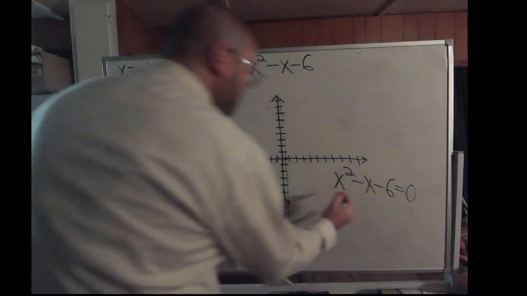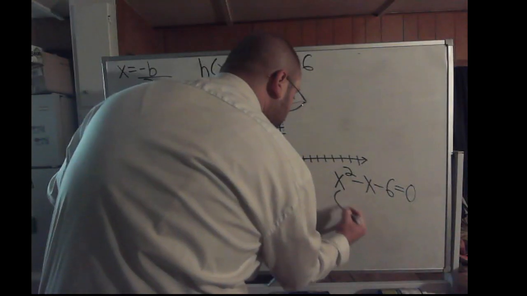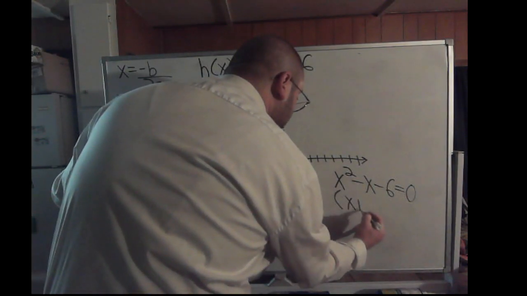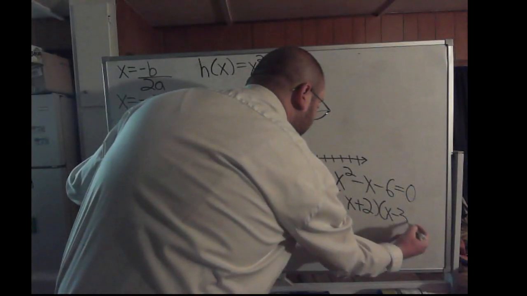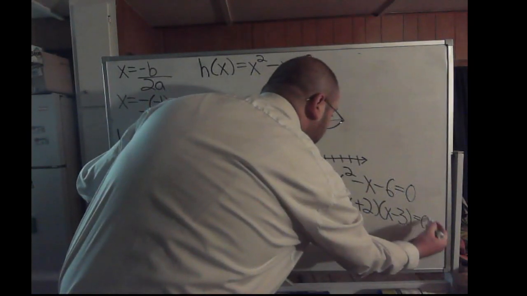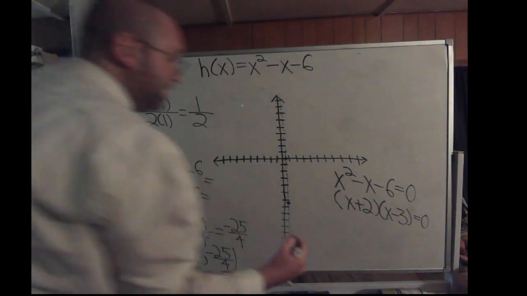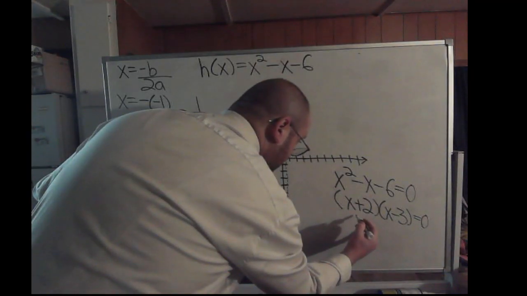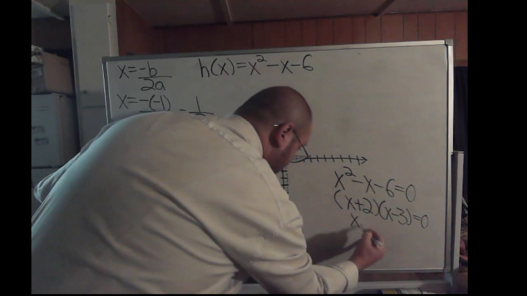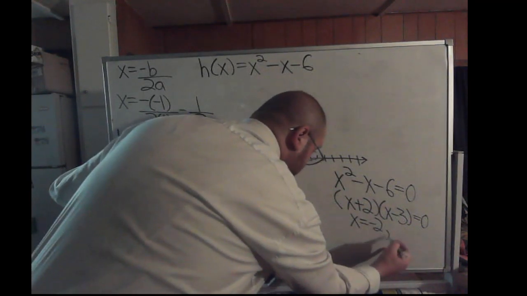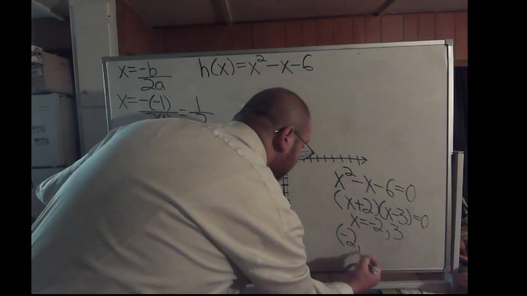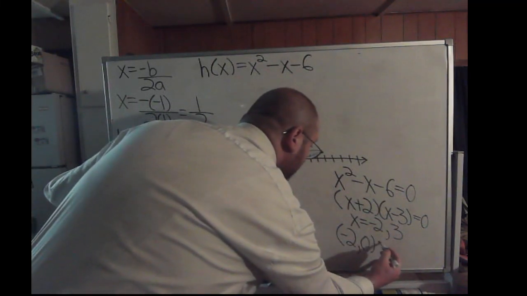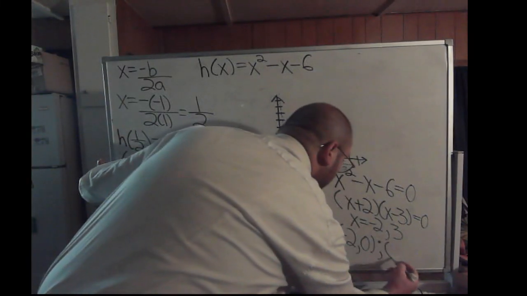Now we can solve for this. We can factor this. You would get x plus 2 times x minus 3 for the factorization. That would equal 0. X would equal -2 and +3. So that means your x-intercepts are at -2, 0, as well as at 3, 0.